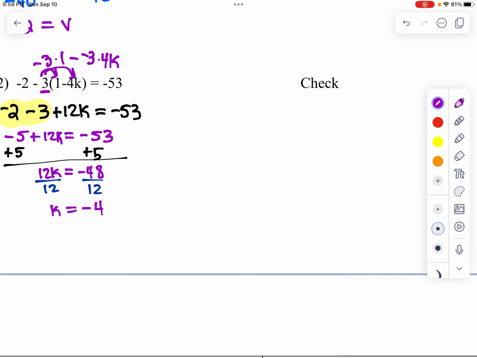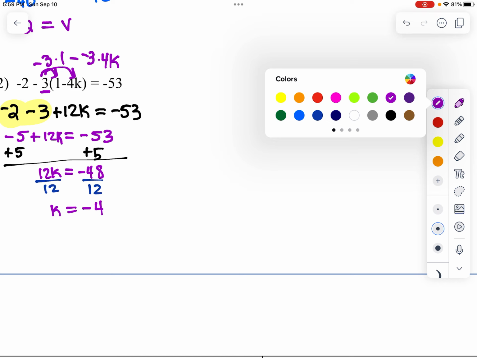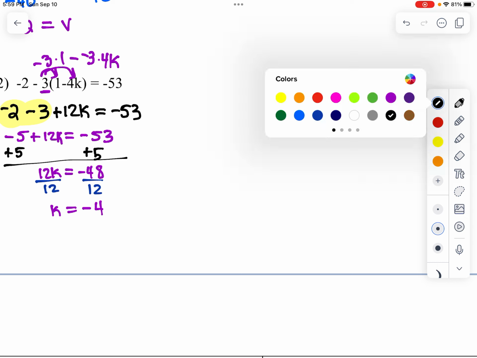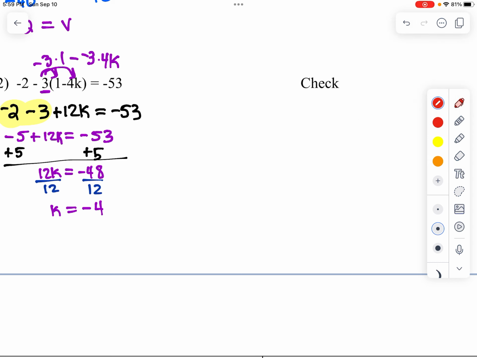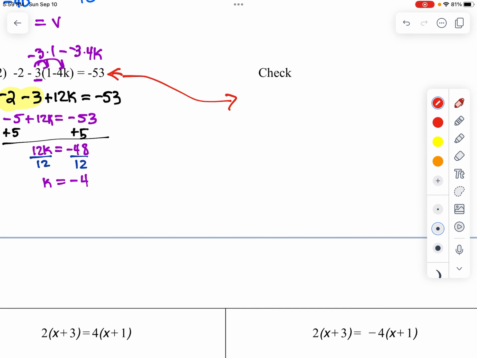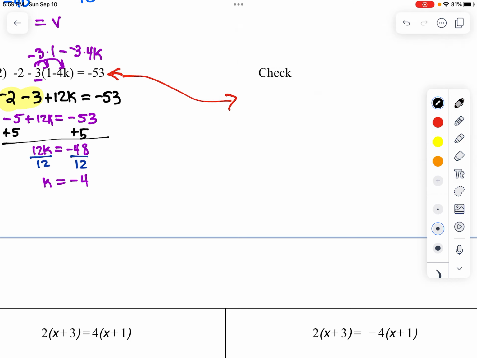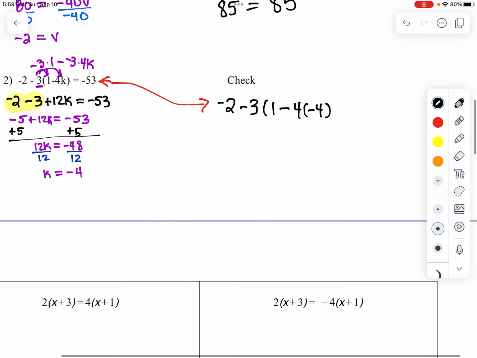And we're going to check our work. So remember, I'm going to take that original equation, and right here, I'm going to take the original, and I'm going to recopy it. But instead of a k, I'm going to substitute -4 in for k. So I have -2 minus 3 times the quantity, 1 minus 4 times k, but instead of k, remember, I'm putting in my solution.